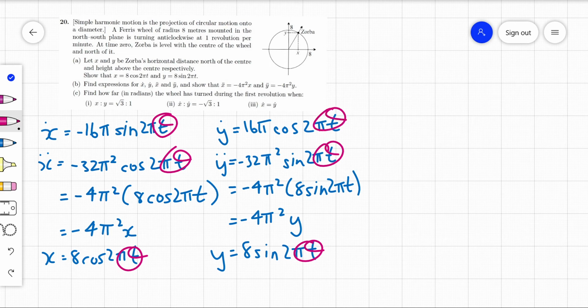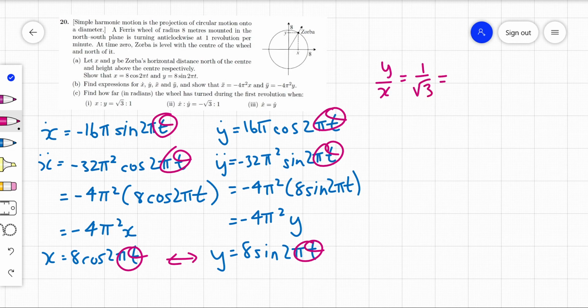So the first one I'm going to use is x to y. Look at these two. Whichever one has a sine I want on top, because it's going to make a tan. So I'm going to put y on x, and in this case it will be 1 on root 3.